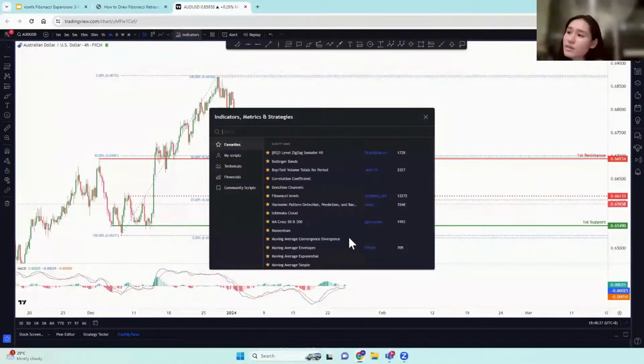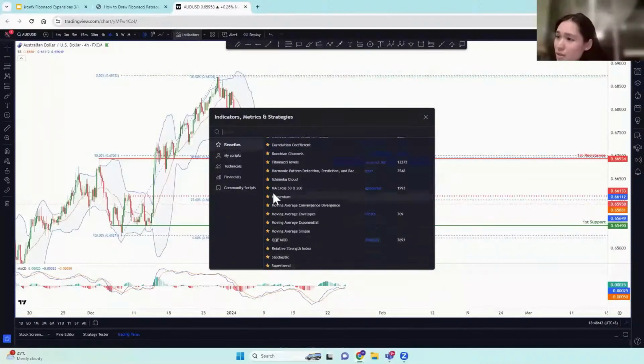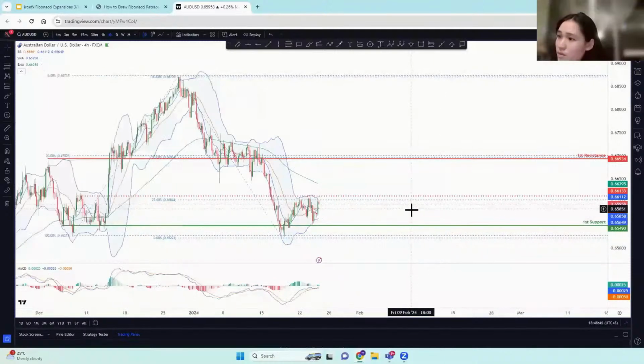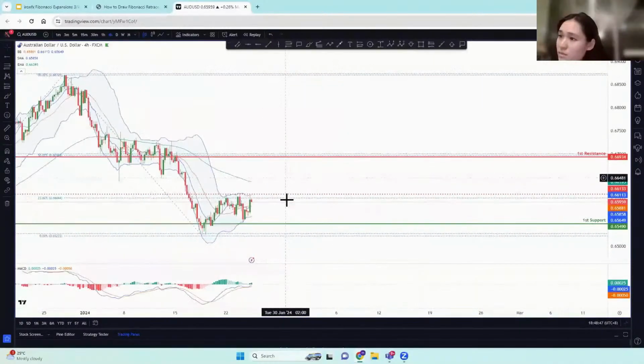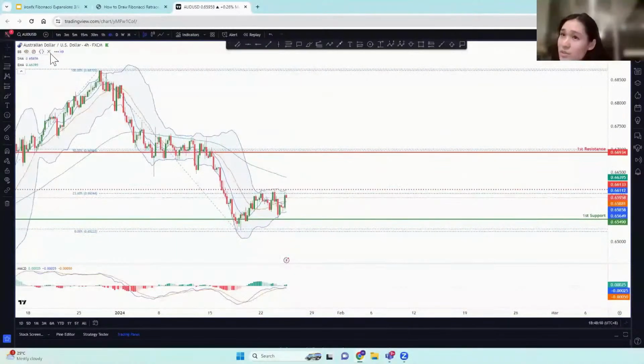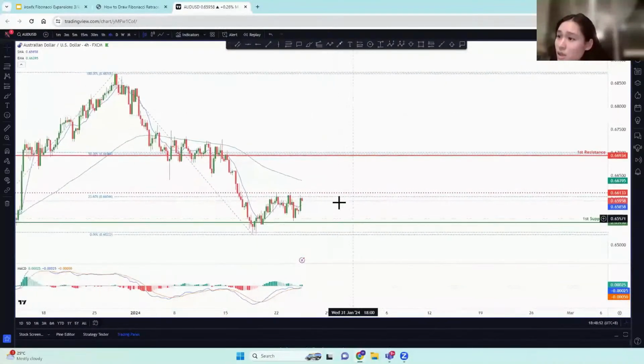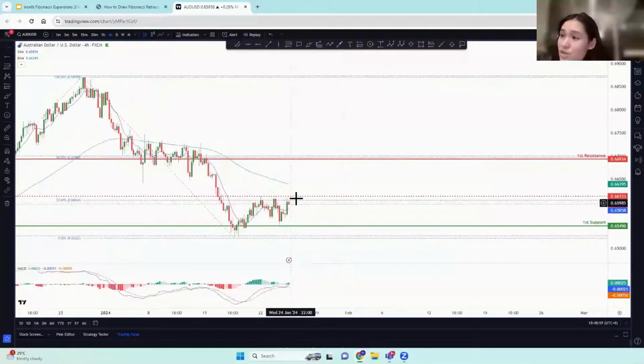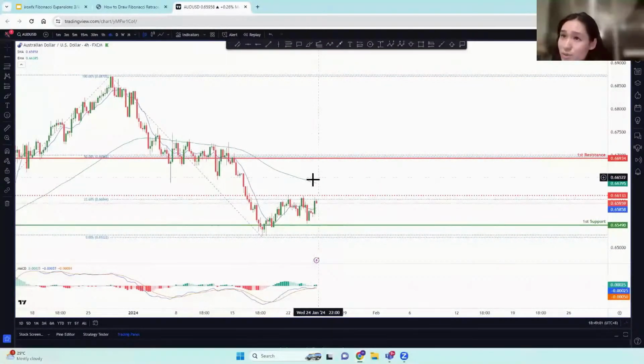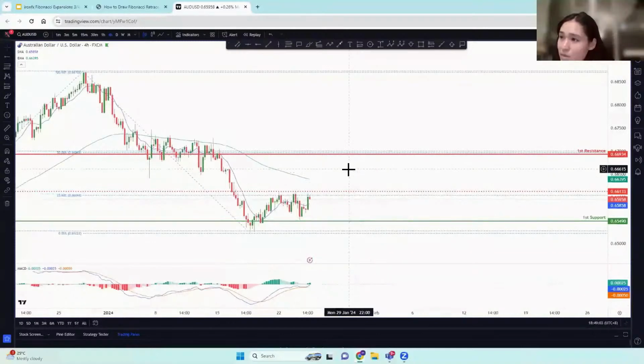Now let's look at Bollinger and MA. Bollinger isn't telling us much. Price is moving above our SMA, so in the short term, it does look like price is going to move upwards, but it is moving below the EMA.